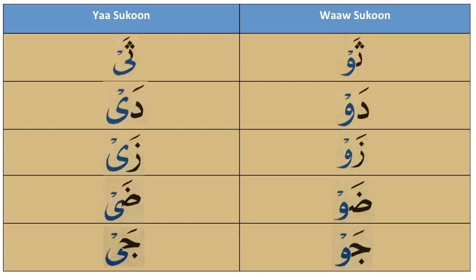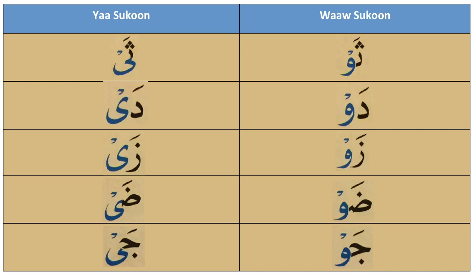Okay, so I'm going to now give you some quick examples, and you're not going to get the full details of what the waaw sukoon and ya sukoon letters are and how they're pronounced just by viewing this lesson video. You're going to need to watch the exercise video that I'm going to upload.